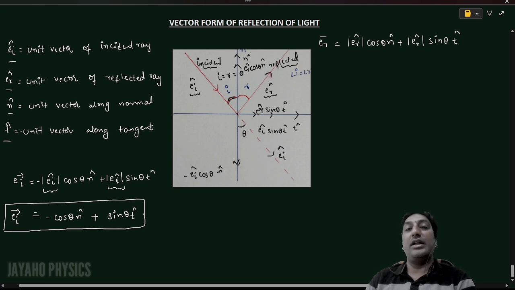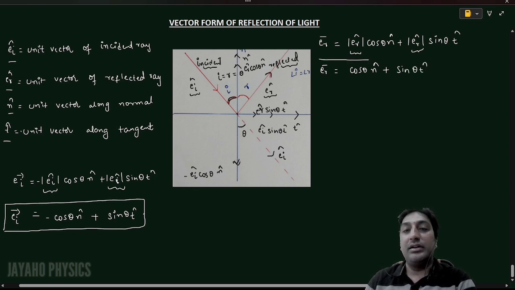We know E_r cap is a unit vector, and the magnitude of this unit vector is equal to 1. So here I can take E_r bar is equal to cos theta followed by the n cap plus sine theta followed by the t cap.